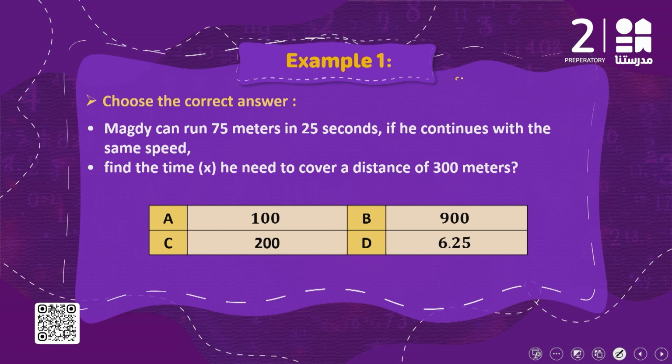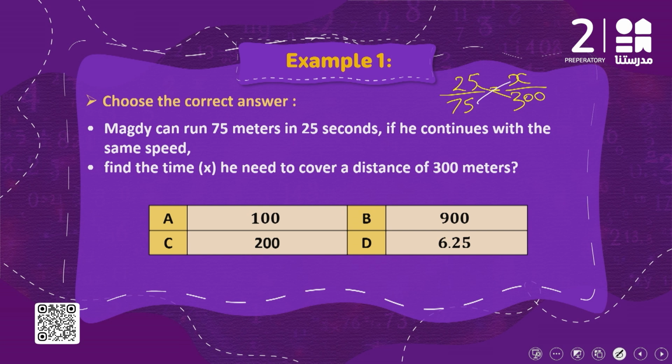So we have 25 seconds for 75 meters. This is equal to x, the unknown time, over 300. You can use the cross multiplication property here for sure. 25 times 300 and 75 times x.